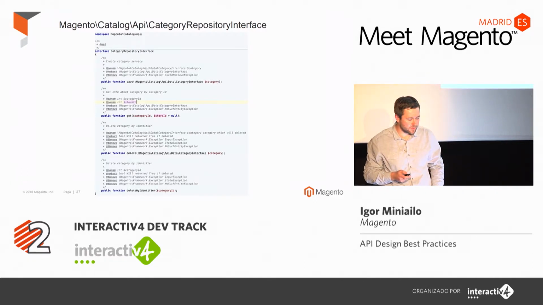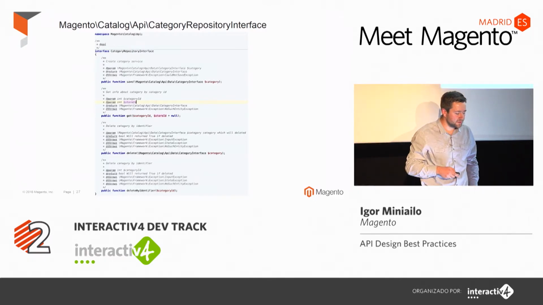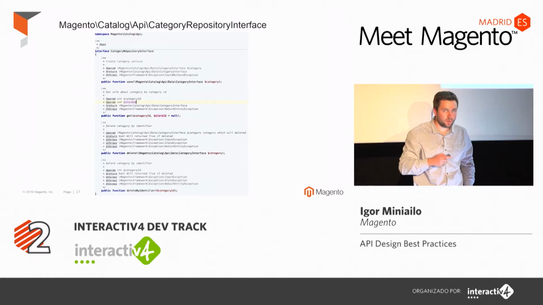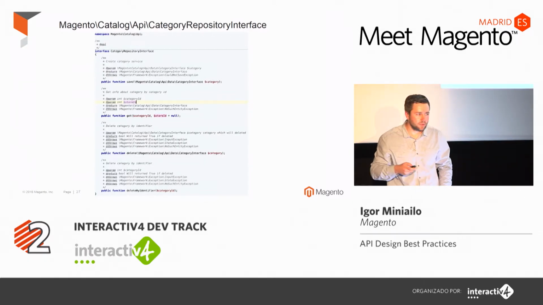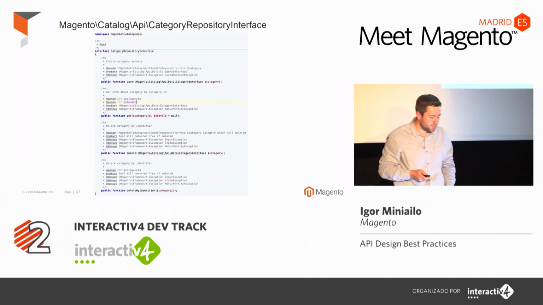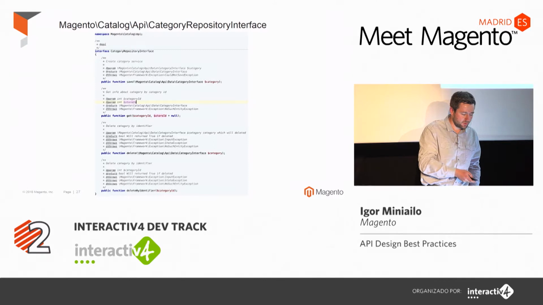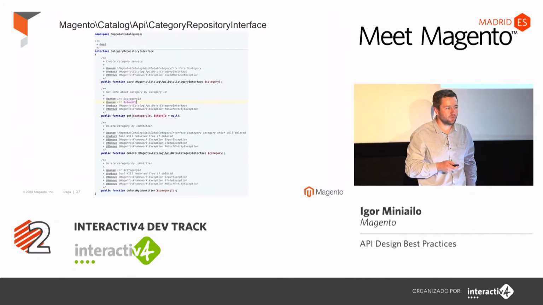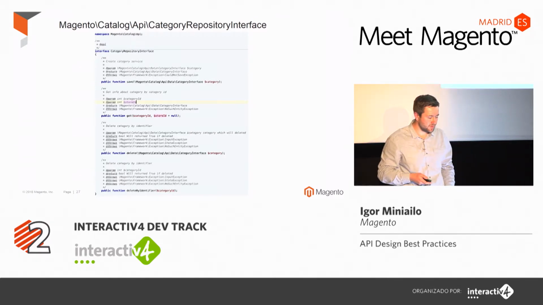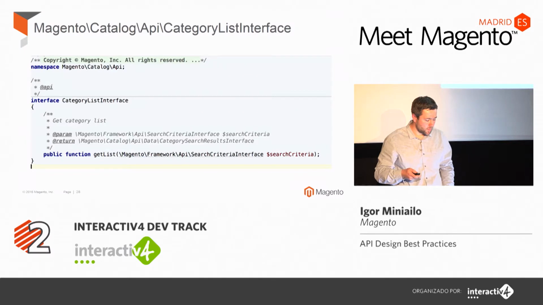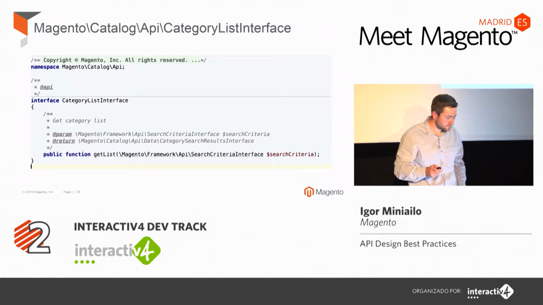But after we had already released the category repository interface, we realized that we don't have enough methods for filtering, like filtering by category name. That's why we decided to introduce that possibility, but we can't add it to this interface because we would introduce backward incompatible changes for those who provide their own implementation of this interface. That's why we introduced it as a new interface, which has the only method.